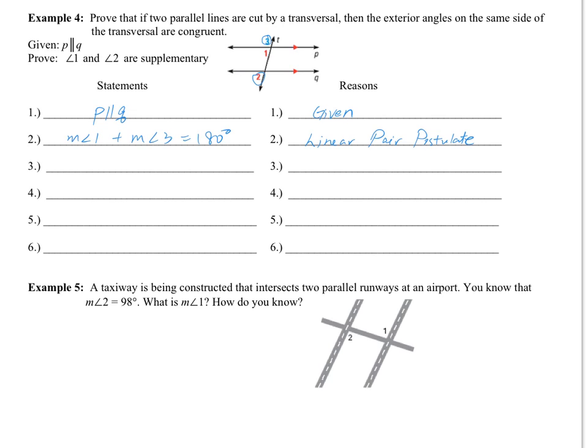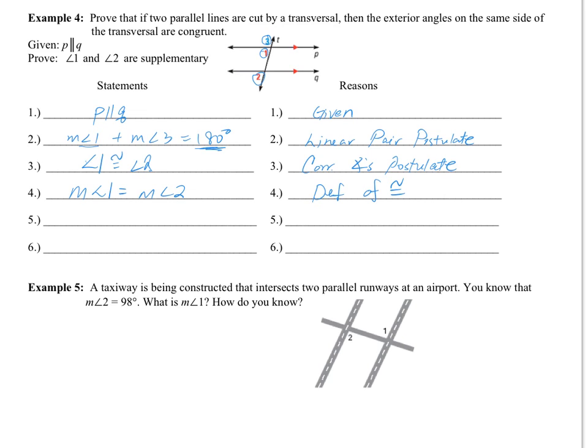And then I also know that angle 1 is congruent to angle 2 by the corresponding angles postulate. Now I cannot just substitute angle 2 in for angle 1 because there's a degree involved. So I have to rewrite this as measure angle 1 is equal to measure angle 2, and the reason will be the definition of congruency.